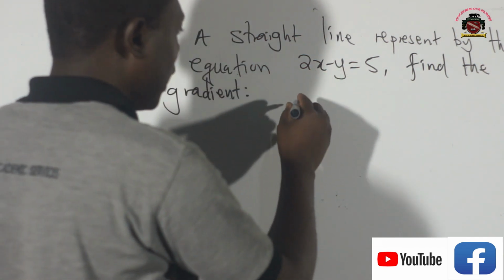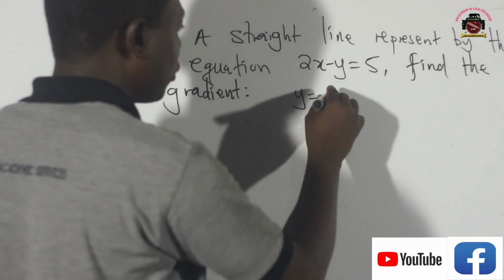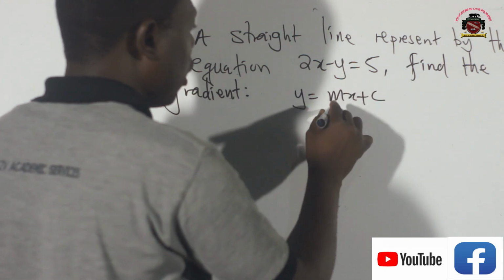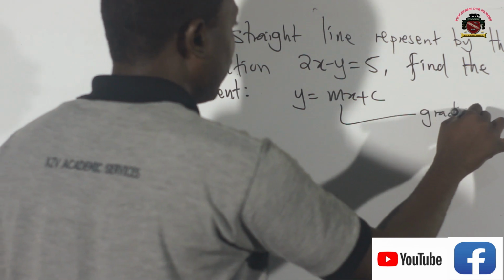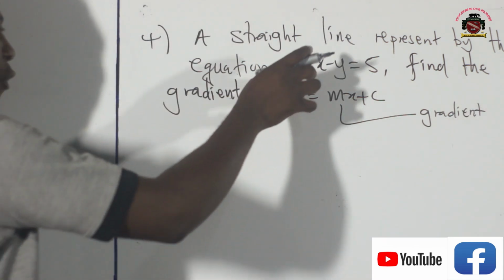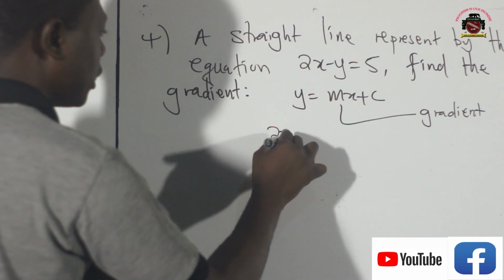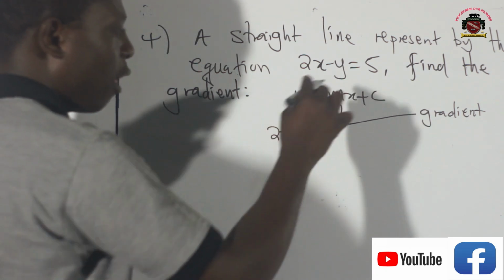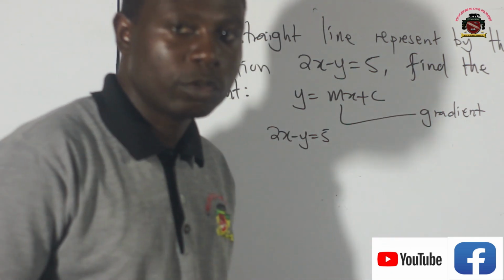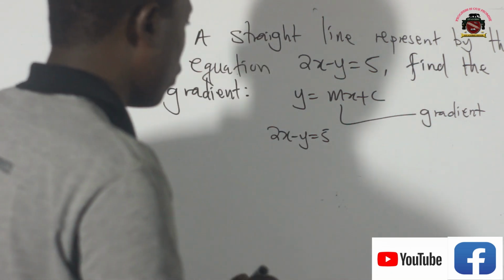The standard form is y is equal to mx plus c, where m is the gradient. So we have to rewrite 2x minus y is equal to 5 in this fashion, y is equal to mx plus c.